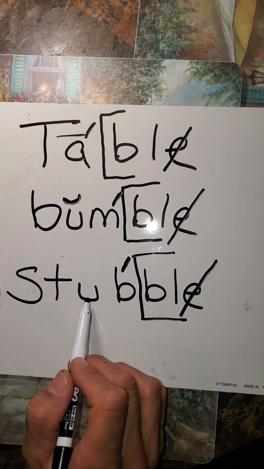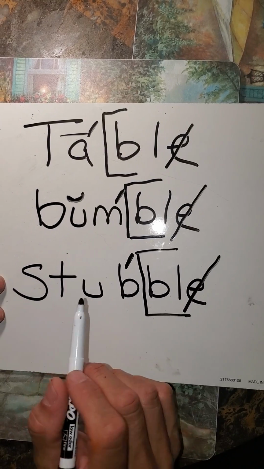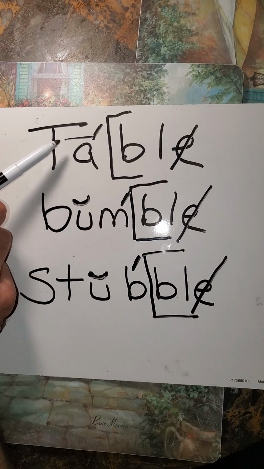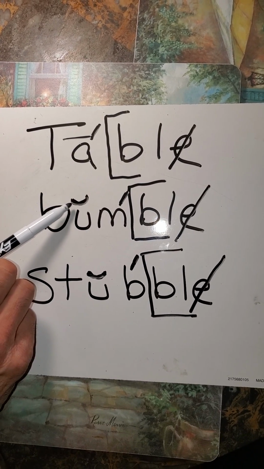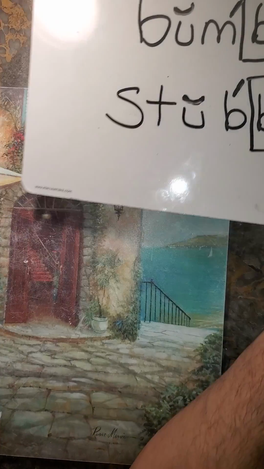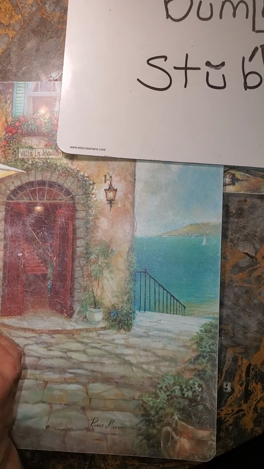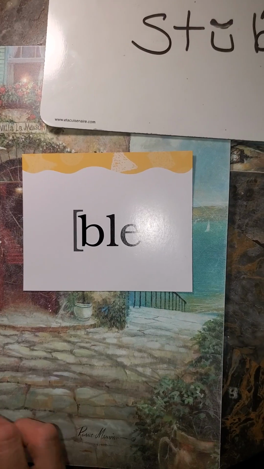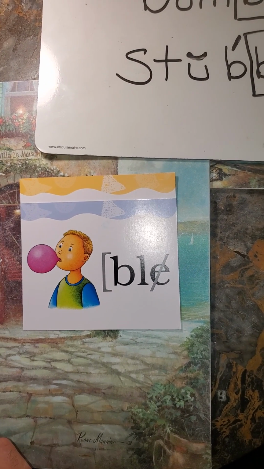Stub, stub. That's a short sound, so we're going to put a breve on that one. Remember, long sound, short sound. Macrons, breves. Now we're going to add to our collection some cards reminding us of the B-L-E sound.